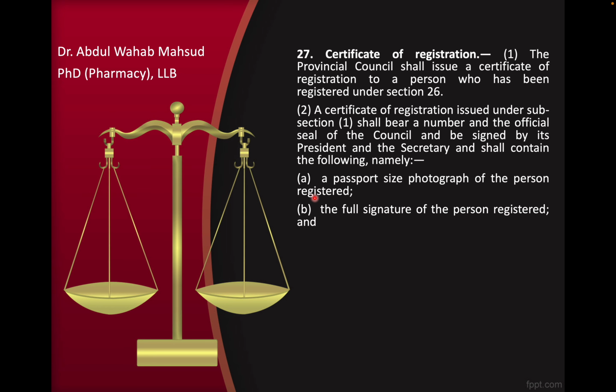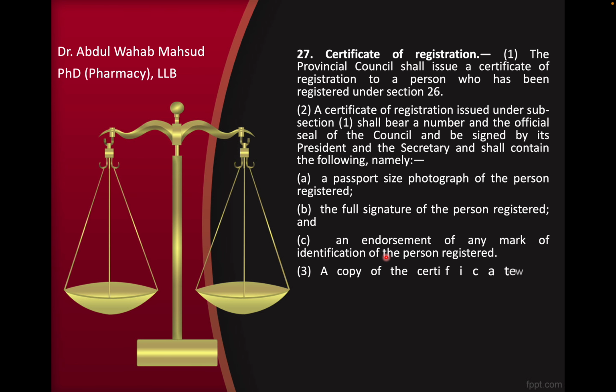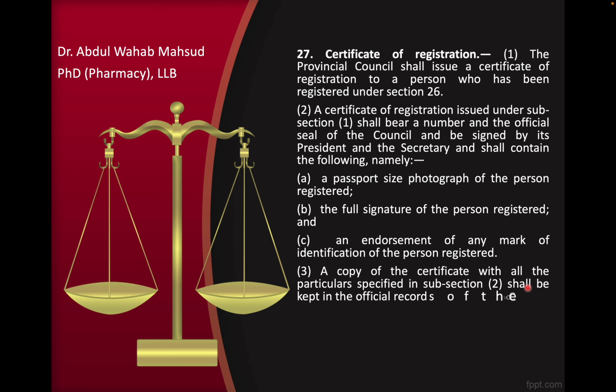B. the full signature of the person registered, C. an endorsement of any mark of identification of the person registered. Subsection number 3. A copy of the certificate with all the particulars specified in subsection number 2 shall be kept in the official record of the council.